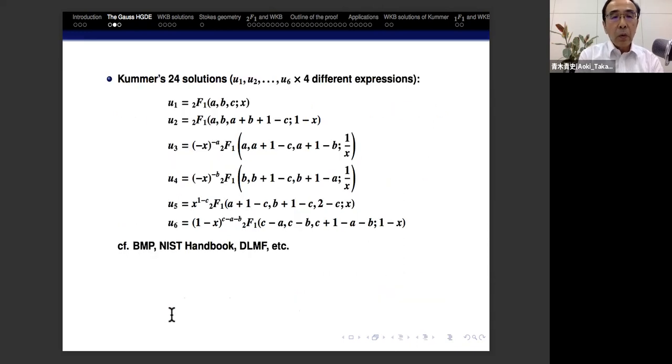And it is well known that there are 6 standard solutions of the hypergeometric equation. And each solution has 4 different expressions. And in total, there are 24 solutions that are called Kummer's 24 solutions. You can find the explicit form in BMP or those handbooks.